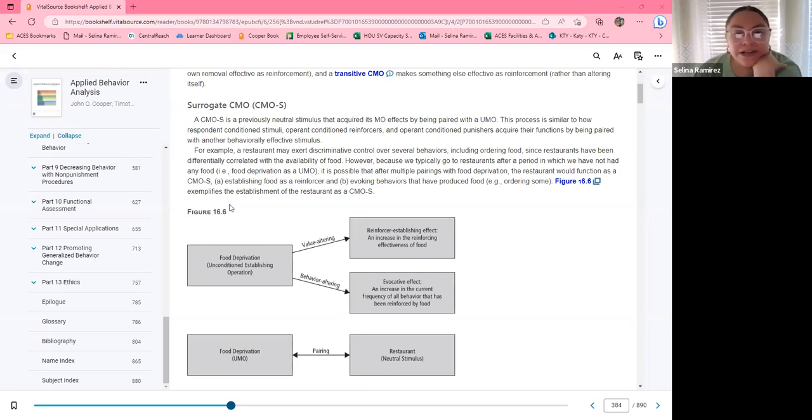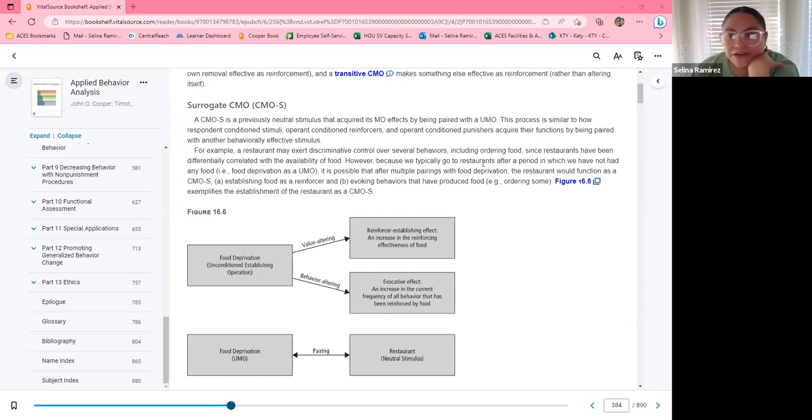So for example, a restaurant may exert discriminative control over several behaviors, including ordering food, since restaurants have been differentially correlated with the availability of food.